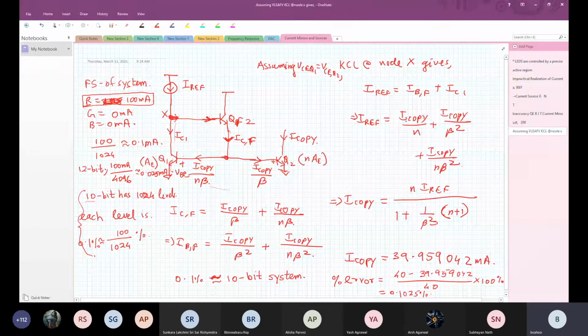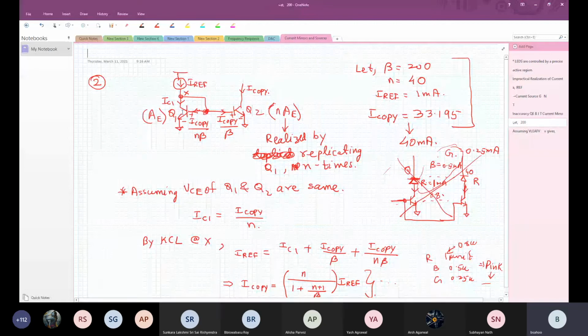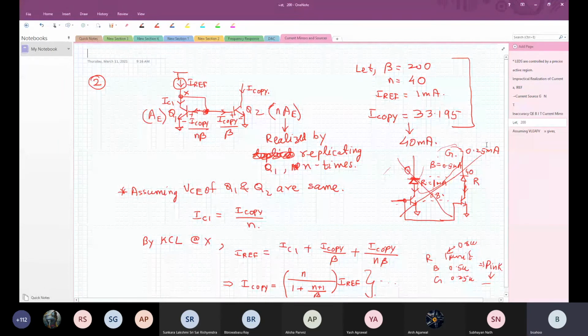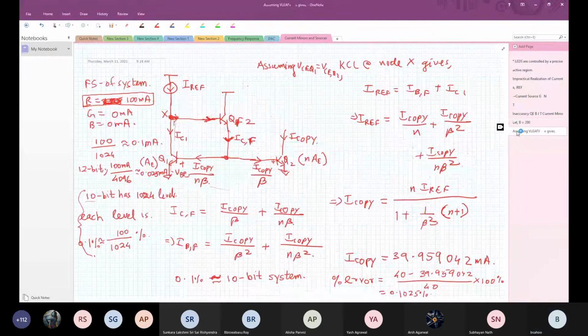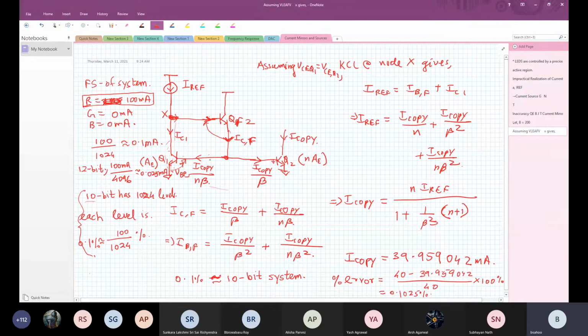In this topology, what was the VCE here? Equal to VBE. In this topology, what is the VCE of Q1? VBE plus another VBE, twice VBE. Am I correct?